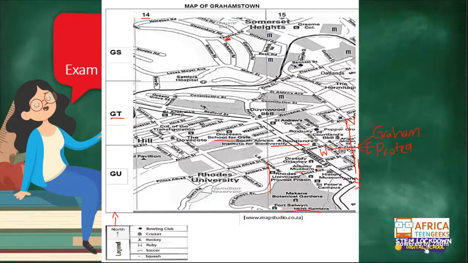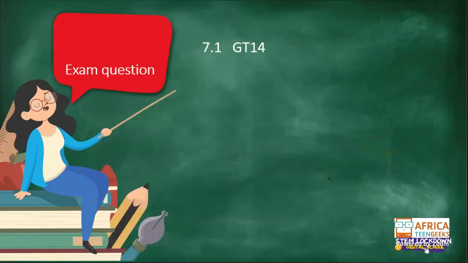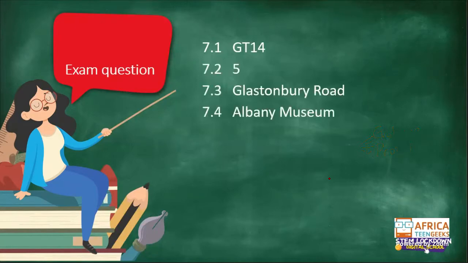So the correct answer is Albany. But if you said history, I'll actually give you full marks as well. So the correct answer to number 4 is Albany Museum. So well done to the majority of the class. But History Museum, I'll accept that answer as well.